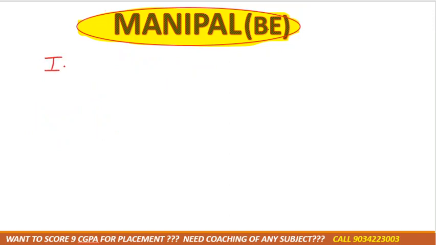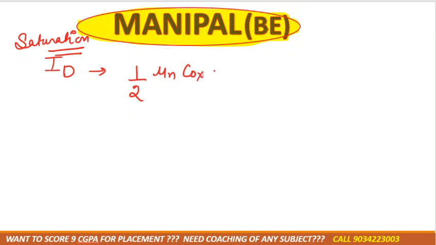First we need to calculate the MOSFET current. Suppose it's in a saturation region. Okay. So the formula for that is half mu n COX W by L into (VGS minus VTH) whole square. VGS, remember I told you, is the gate to source voltage.